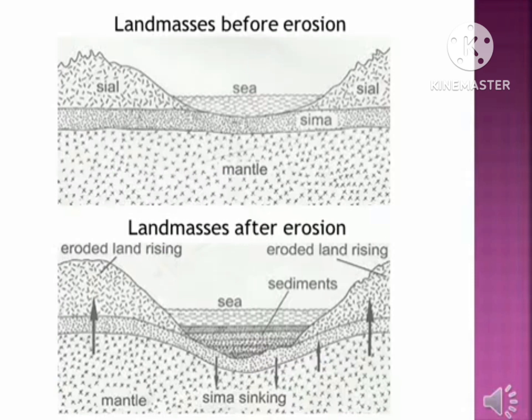But after other movements have taken place as a result of isostatic adjustment, or when that balance has been disrupted, you can see the eroded land masses rising, whereas the SIMA is sinking because sediments have been deposited on the seabed, and this results in the vertical earth movement.